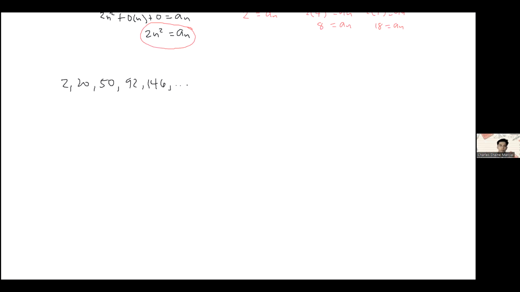Okay? So same process. Let's find the difference first. 20 minus 2 is equal to 18. 50 minus 20 is equal to 30. 92 minus 50 is equal to 42. 146 minus 92 is equal to 54.